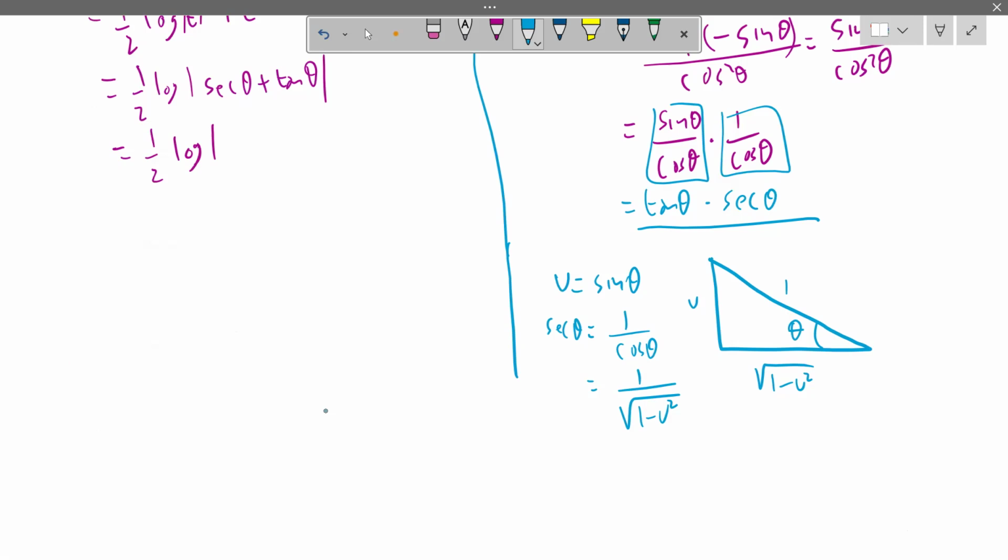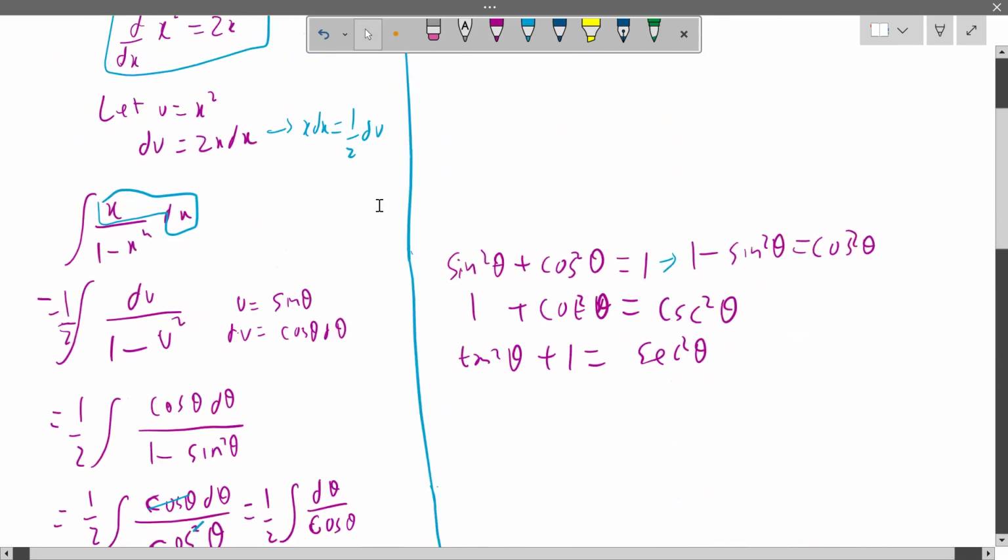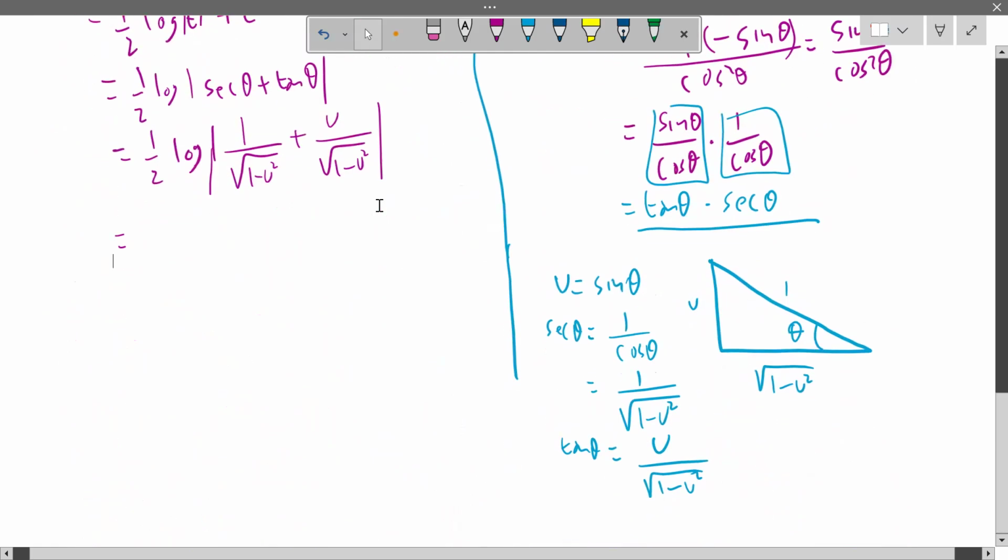And for tangent of theta, the tangent is u over the square root of 1 minus u squared. So we just put this into the result. You get the log of 1 over the square root of 1 minus u squared plus u over the square root of 1 minus u squared. And then remember that u is equal to x squared. That's the final substitution that we have to make.